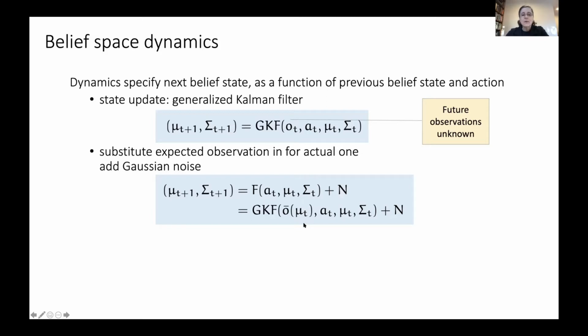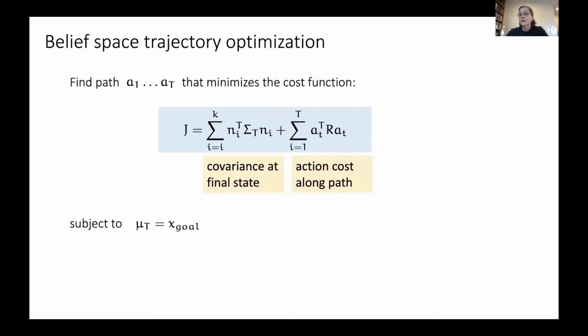If we do that, now we have a deterministic belief model. It's approximate, but it's a dynamics. And then we can use tricks from control theory and continuous optimization and so on to plan a trajectory. So we want to find a trajectory that has low variance in the final state and is relatively low cost. But note that this is a trajectory through belief space.